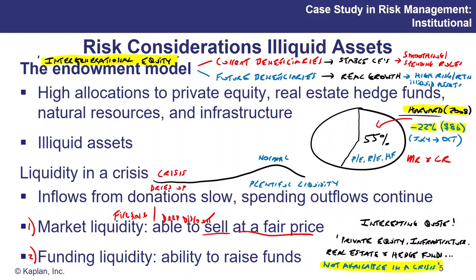Now, this idea of using the portfolio you have by way of collateral to borrow against, it is a very common tool in the treasury function. Yes, so the idea of selling or borrowing against as collateral, and that's what Harvard did.